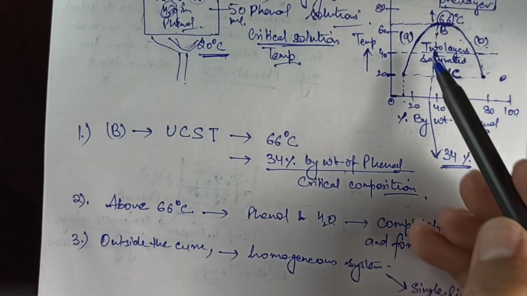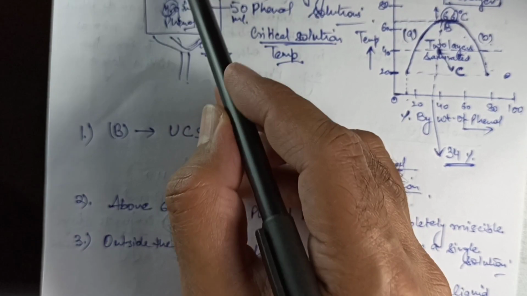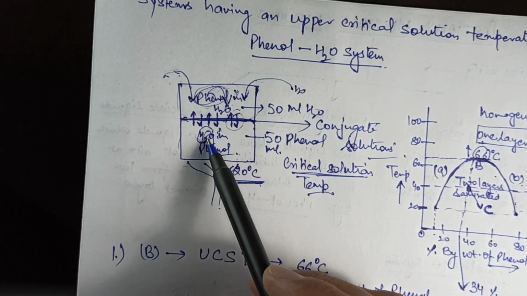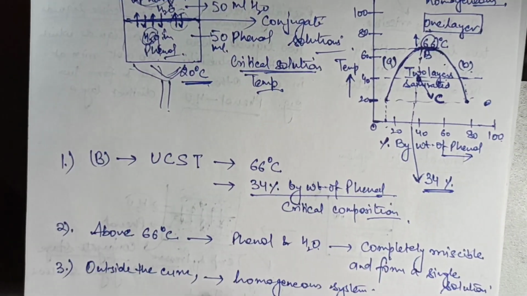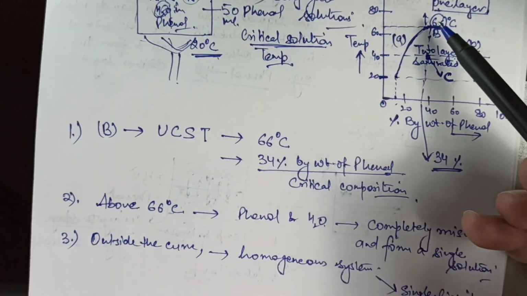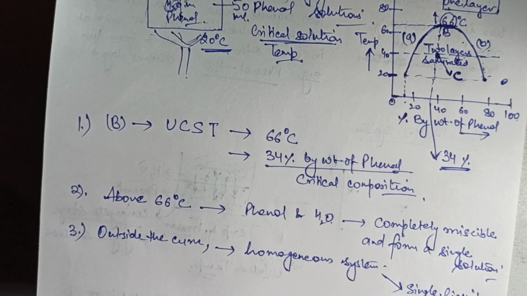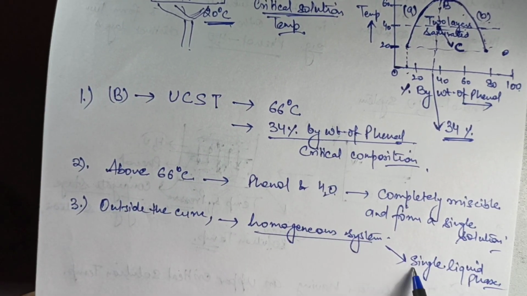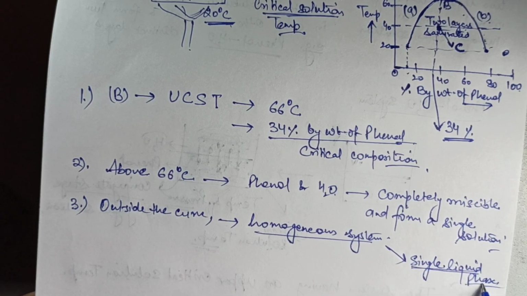Earlier it had two liquid phases, one with phenol in water and the other with water in phenol. Outside the curve, that is above the temperature of 66 degrees Celsius, there will be a homogeneous system and it will have only a single liquid phase.